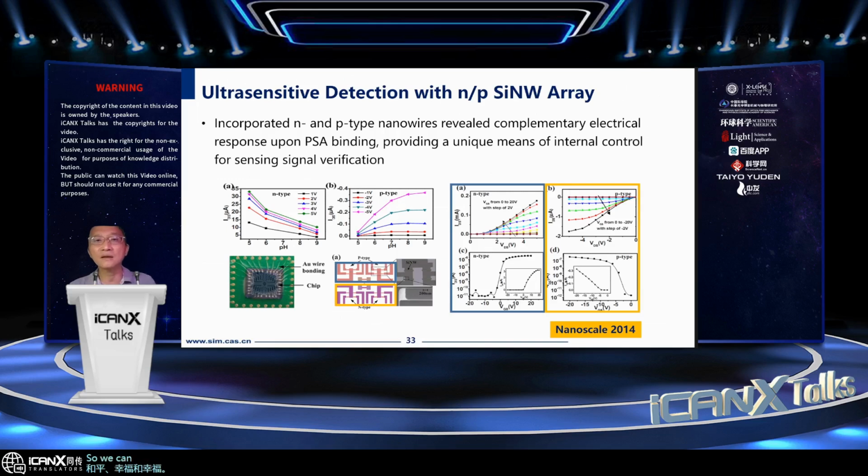So we can integrate N-type and P-type nanowires together and use them to detect the same target. Because of the N-type and P-type, the response will be opposite, and we can use it to improve the signal to noise ratio and provide a very unique response to the sensing materials.